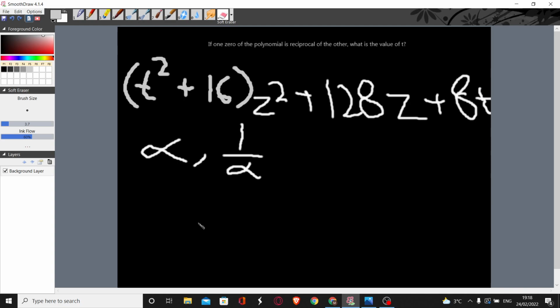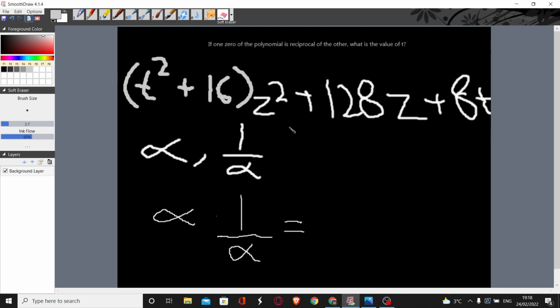So first, we know that if we do alpha times 1 over alpha, the product of the zeros in a quadratic polynomial is the same thing as c divided by a.